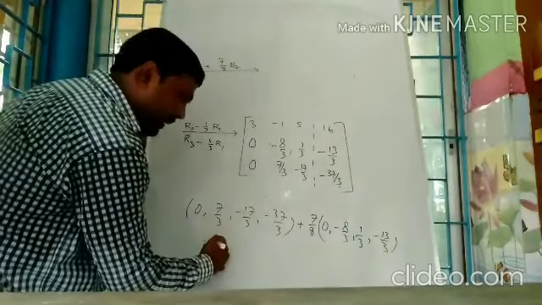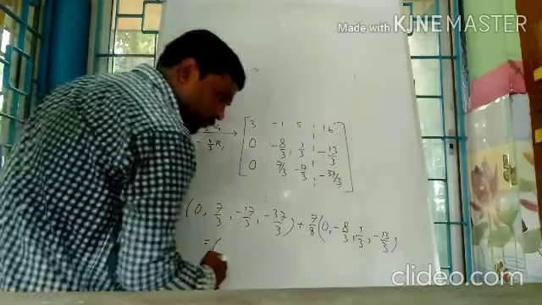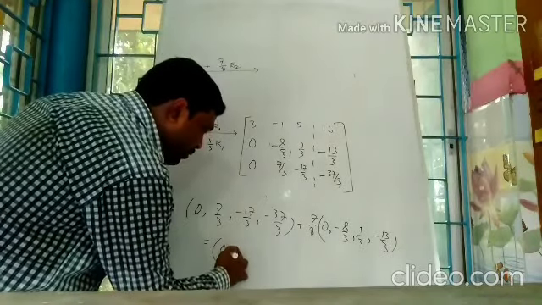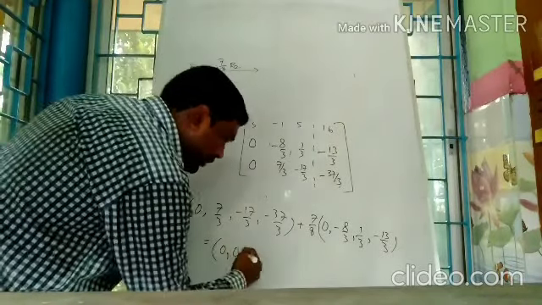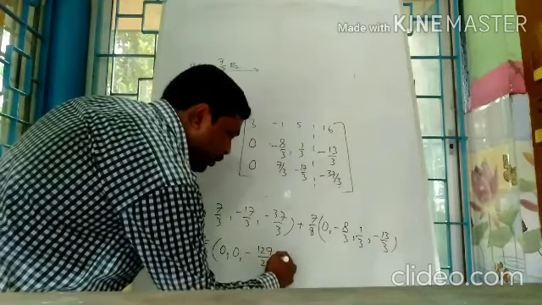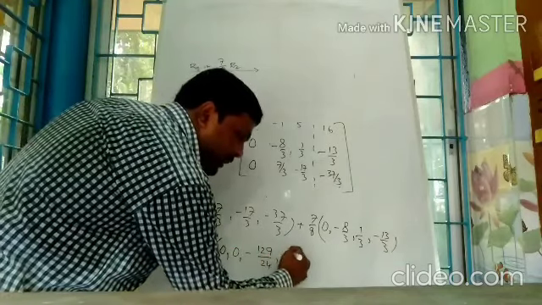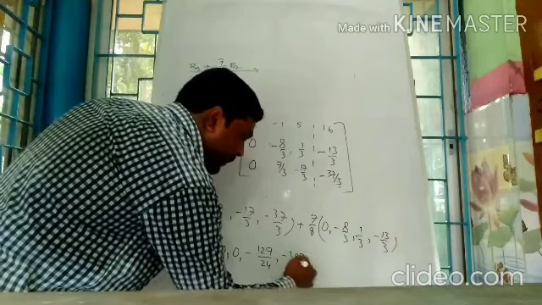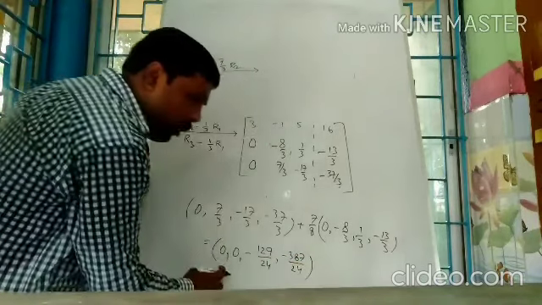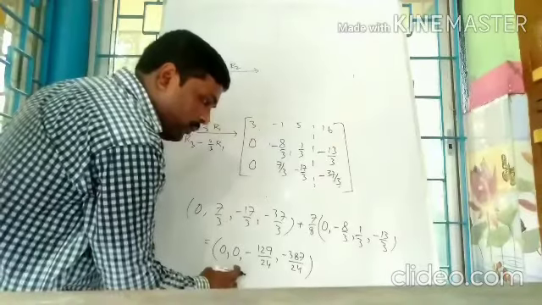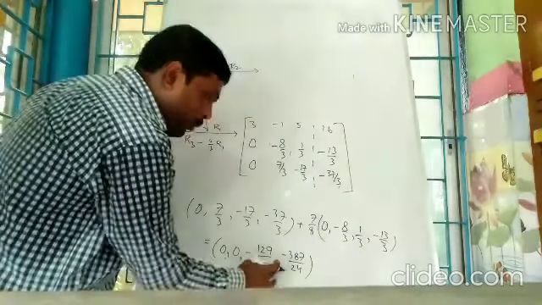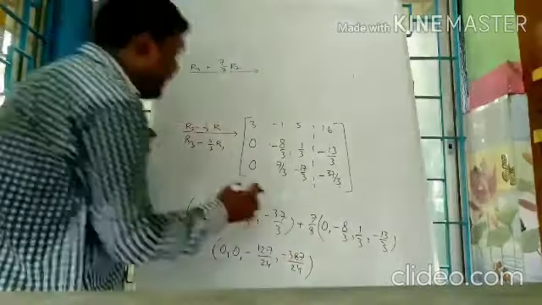Just simplify. This is 0, 0, minus 129 by 24, minus 387 by 24.